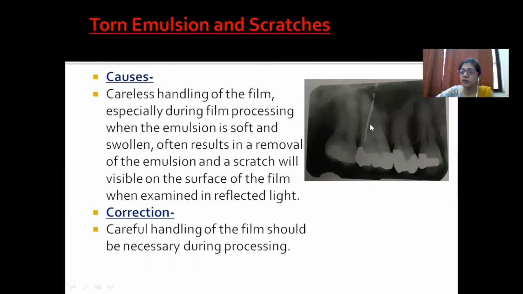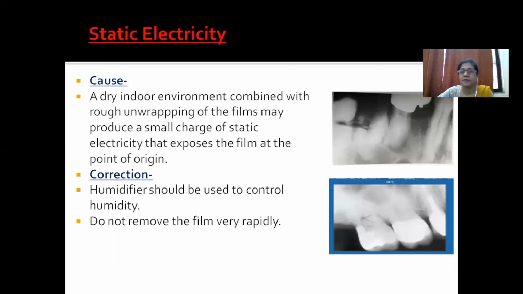But if it is in an area which is not causing any diagnostic loss, that is fine. But if it is in an area where it is causing some misinterpretation of the radiograph, it will be very hazardous. So you have to correct it by careful handling of the film when you are doing the processing. Once your film becomes dry, the possibility of emulsion scratches or torn emulsion becomes less.